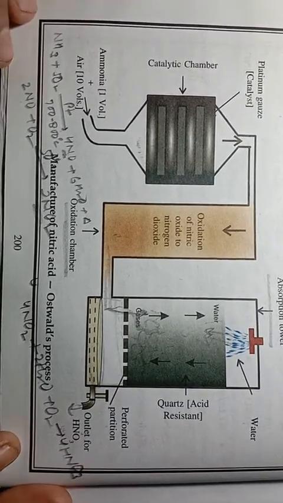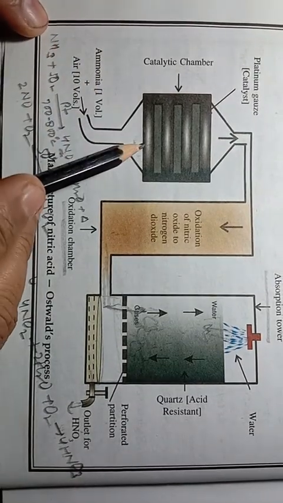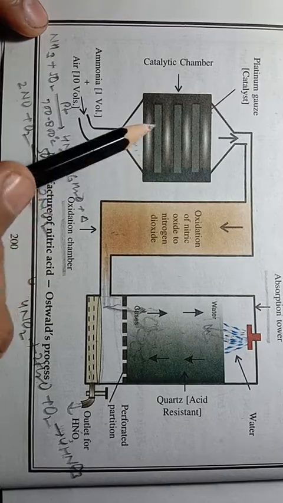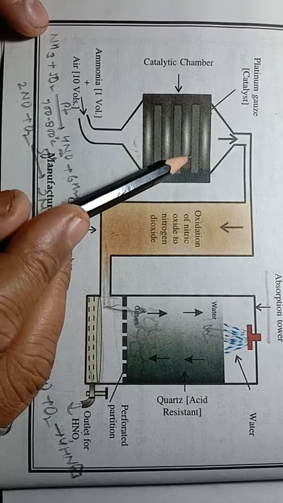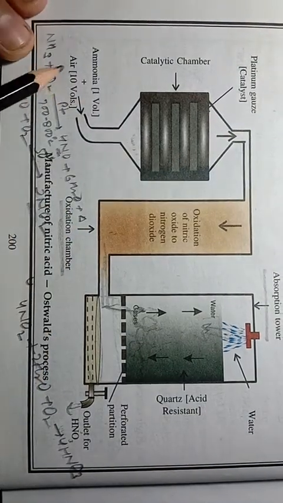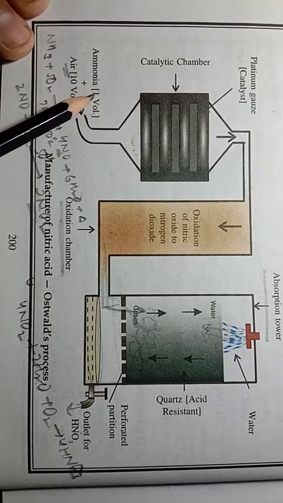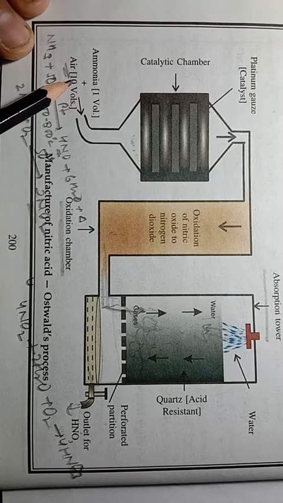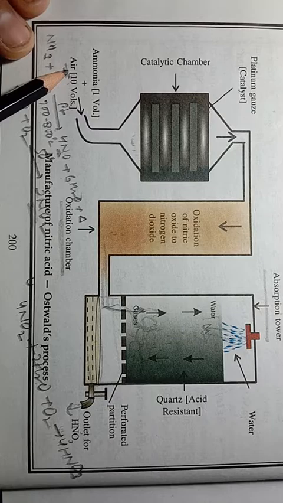So students, I am going to repeat this process again. The first chamber is known as the catalytic chamber, where we are using platinum gauze as catalyst, and in this chamber we are sending a mixture of ammonia and air. The ratio is 1 volume to 10 volumes, so air is in excess amount, which is a mixture of oxygen and other gases.